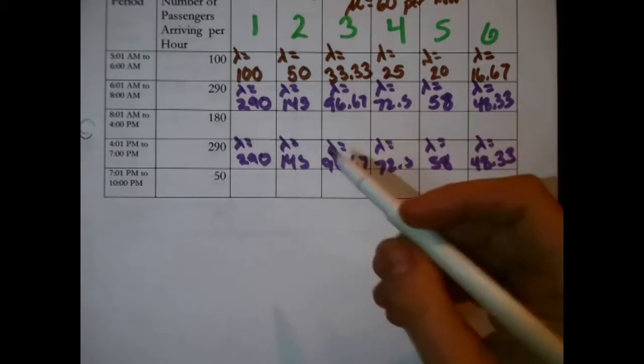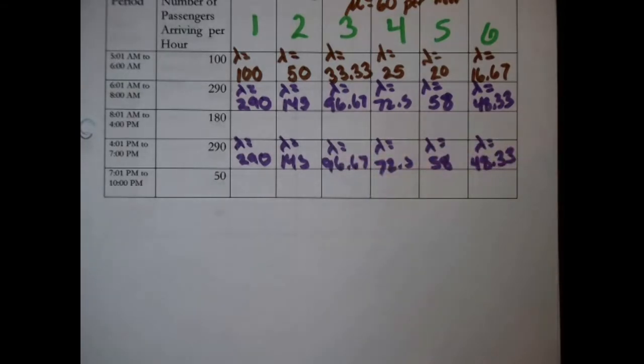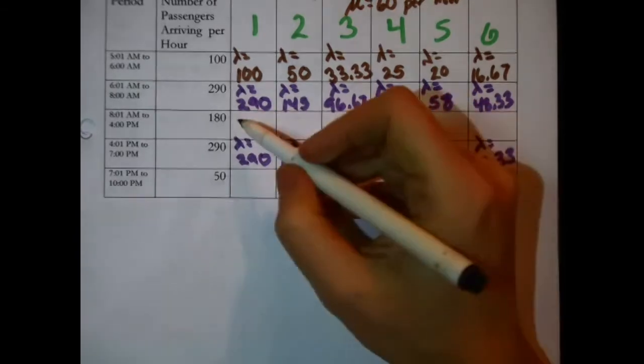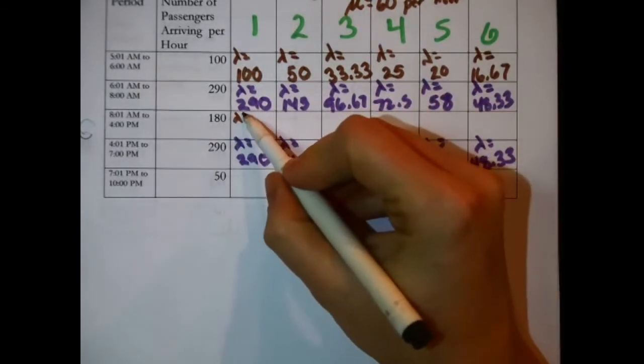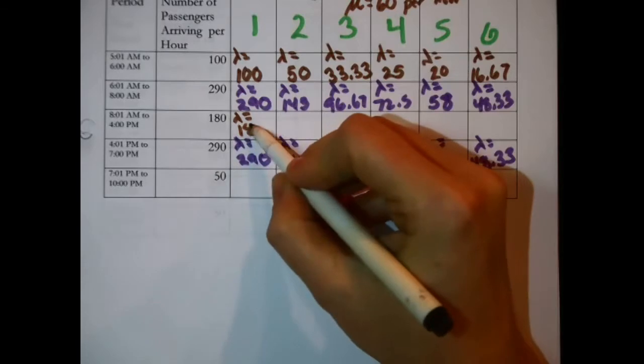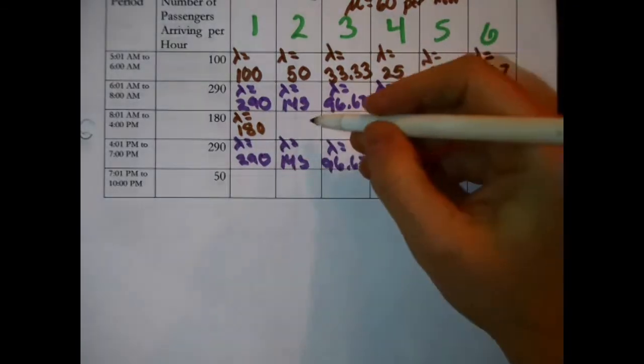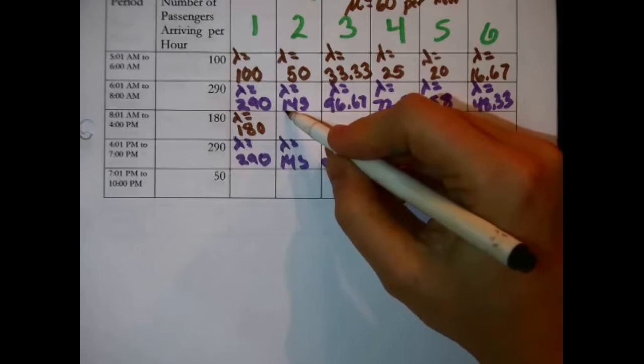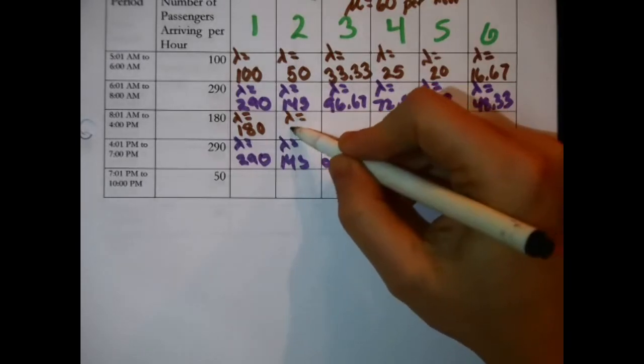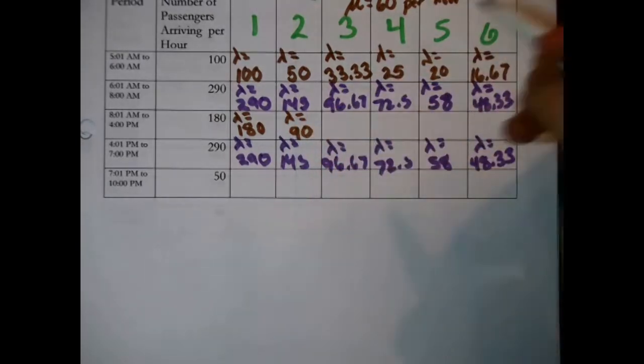All right, now we have to do the center row. If you only have one lane open in the middle of the day, then all 180 people on average will arrive each hour at that lane. If you have 2 lanes open, the greeter will split them, and so an average of 90 passengers will arrive in each lane.